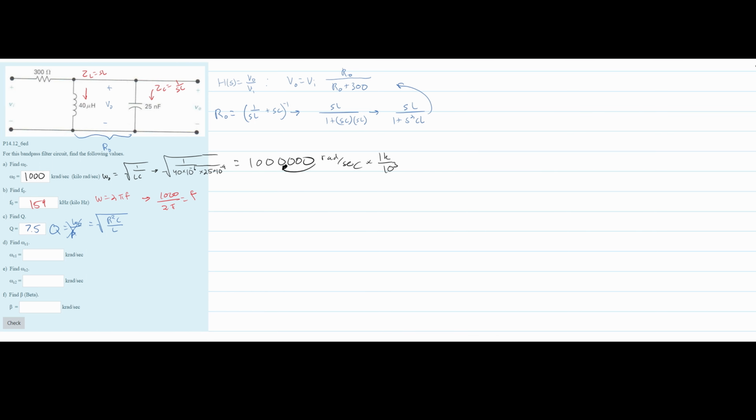Now, for omega c1, this can be found, again, in the notes. The derivation of it is not in the notes, but the actual formula for it is.